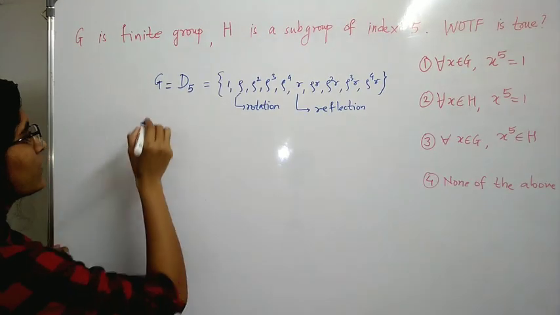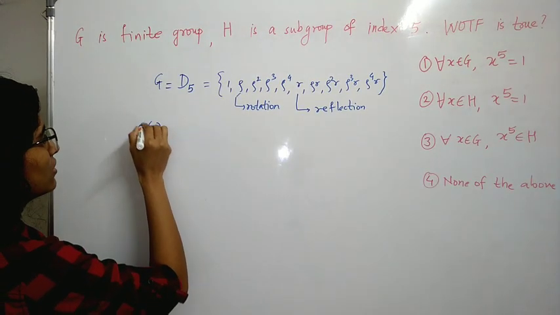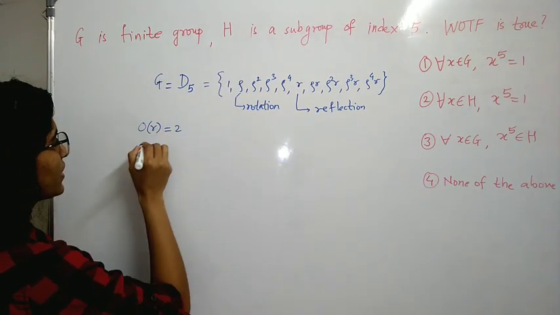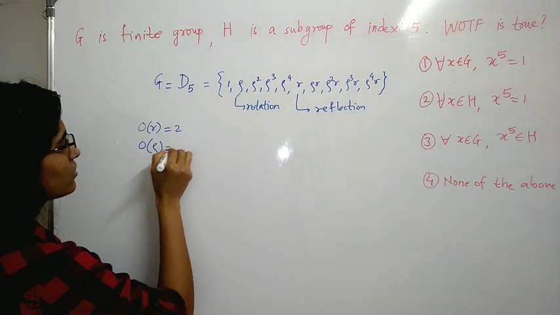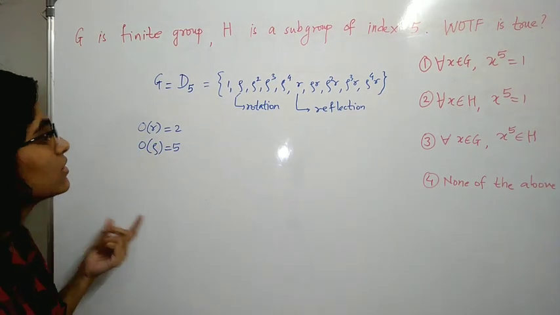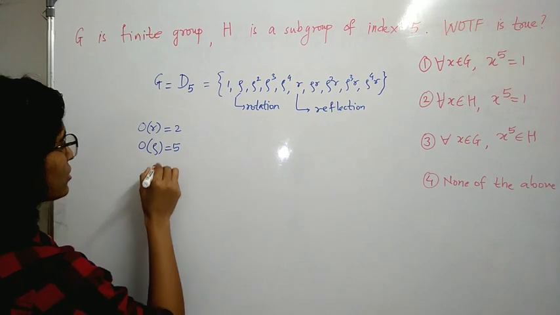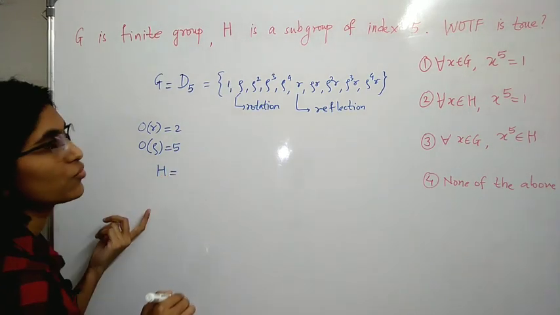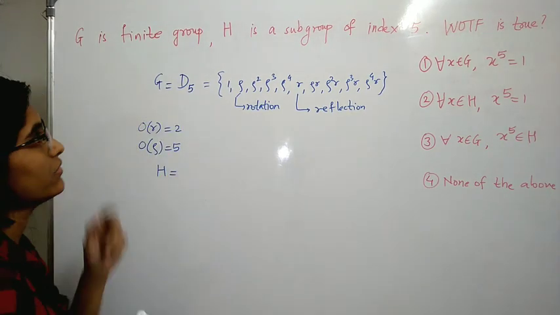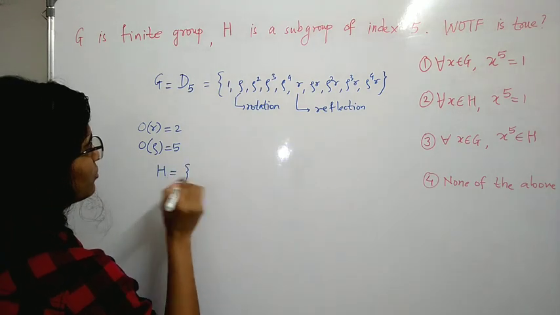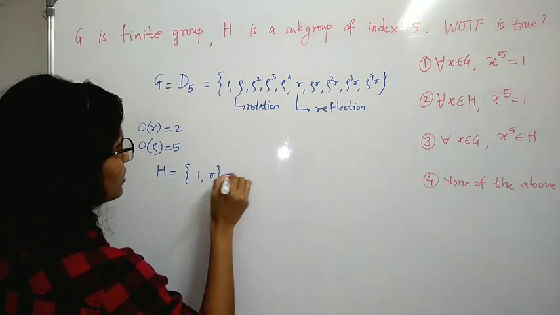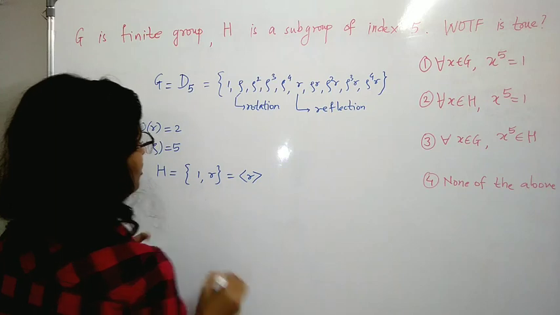So the order of R is 2 and the order of rho is 5. Now take H, a subgroup of this group G, D5, to be {1, R}, which is generated by the reflection.